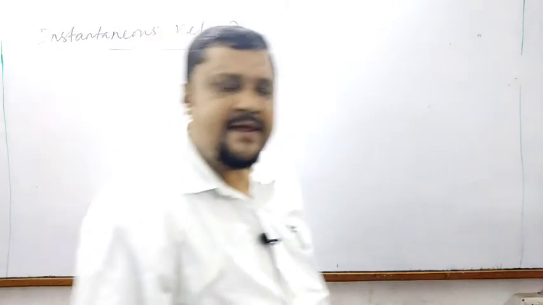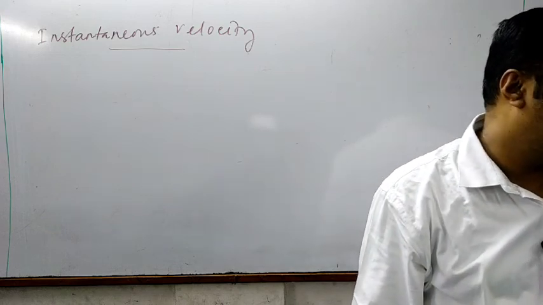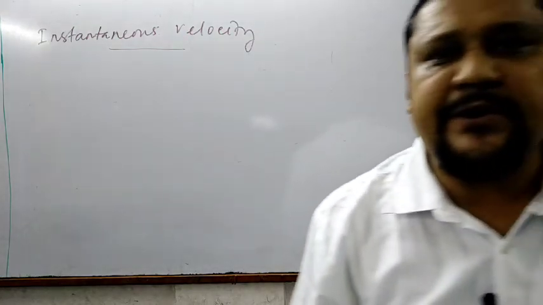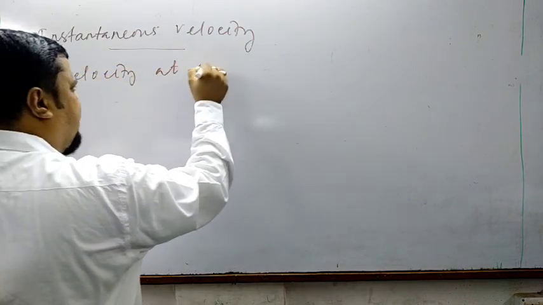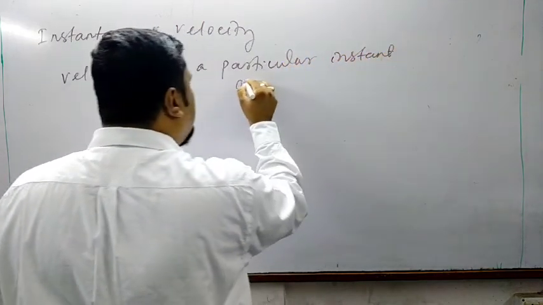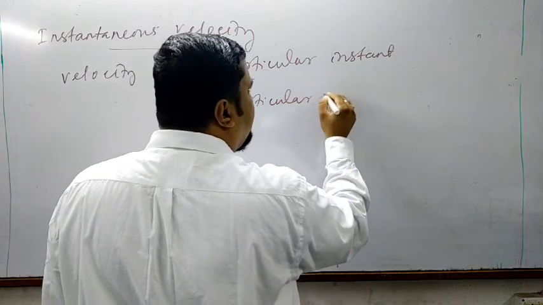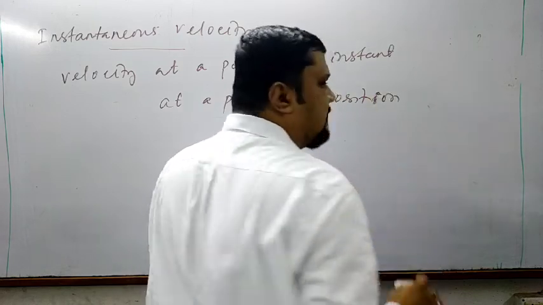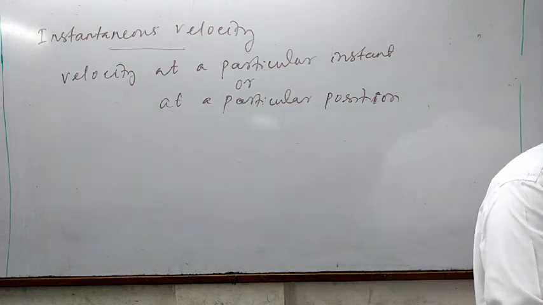The instantaneous velocity of a body is the velocity at a particular instant of time or at a particular position. So at a particular position or at a particular point, what is its velocity?